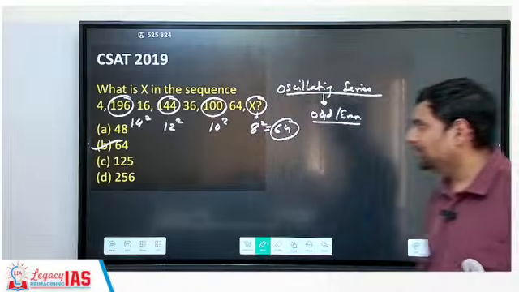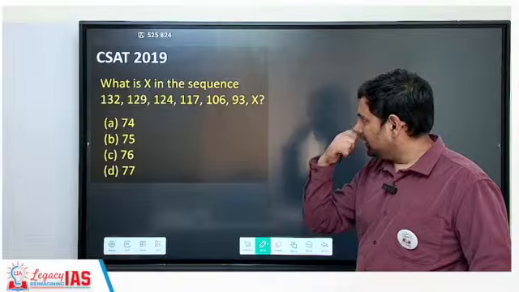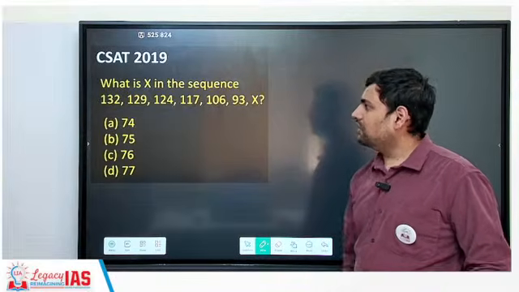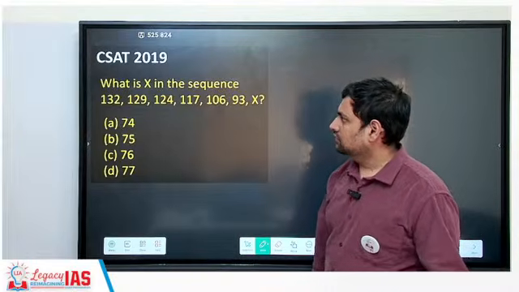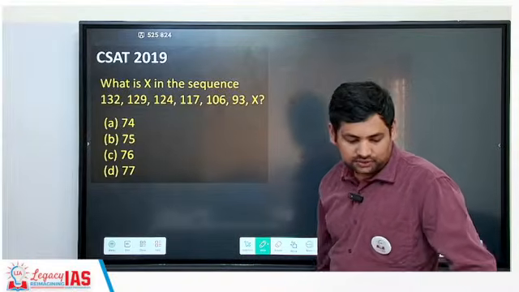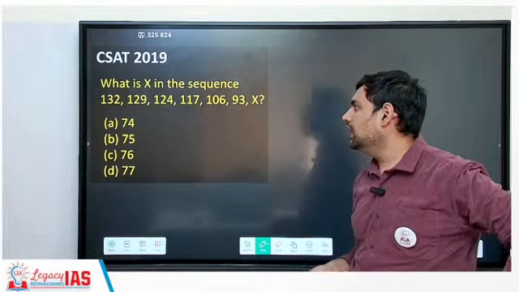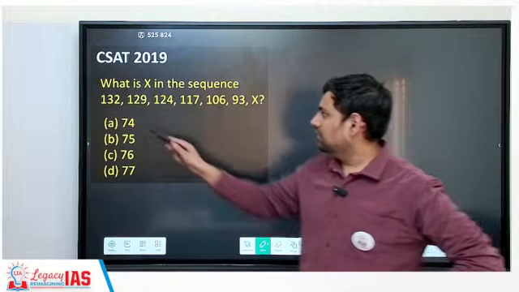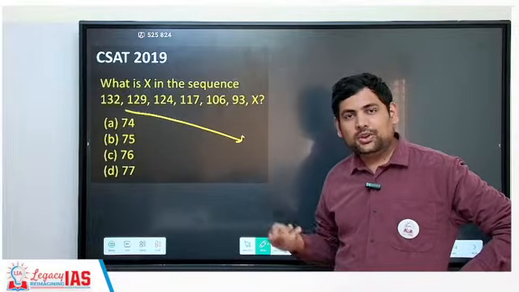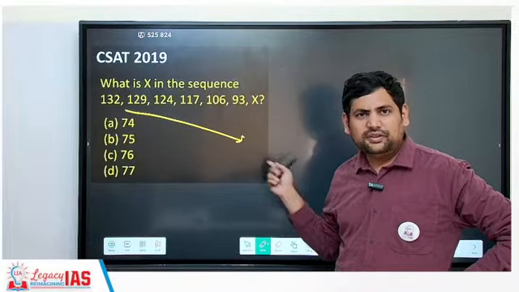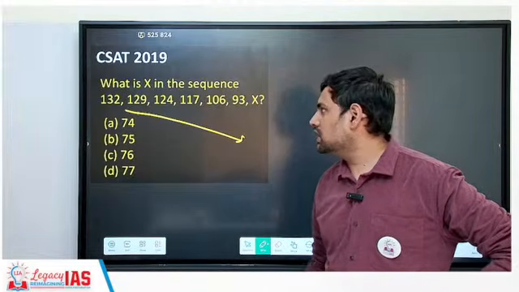Understood? Simple. Then next, now it says what is x in the sequence 132, 129, and you have to find x. First thing what you observe, 132, 129. This is very clearly a decreasing series. Correct? Now in a decreasing series what do we do? We find out the difference between them, the first difference between them, and then try to guess.